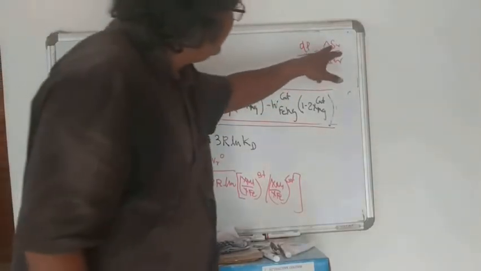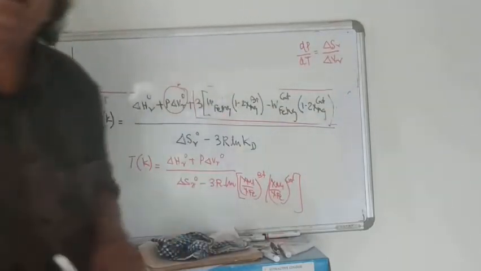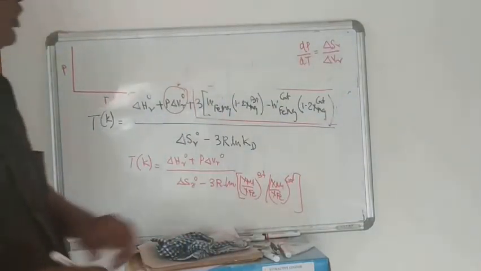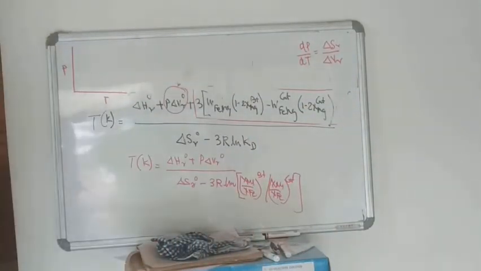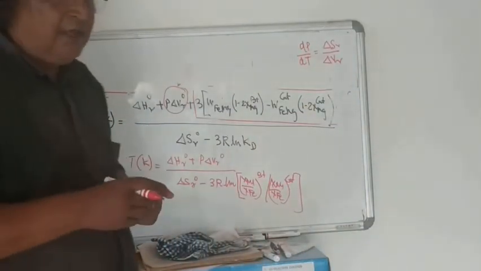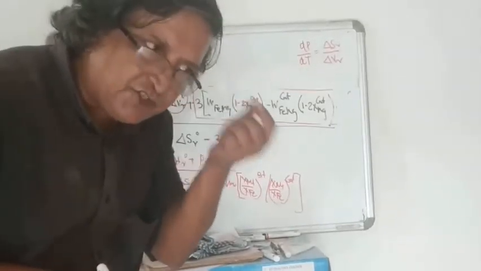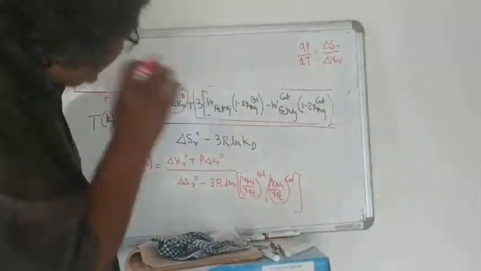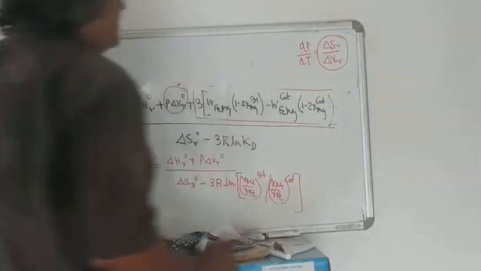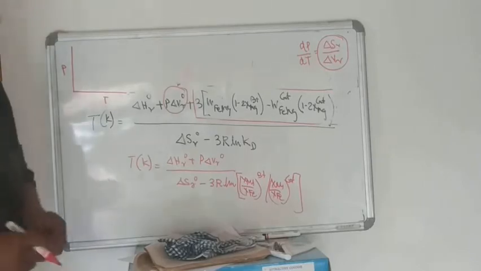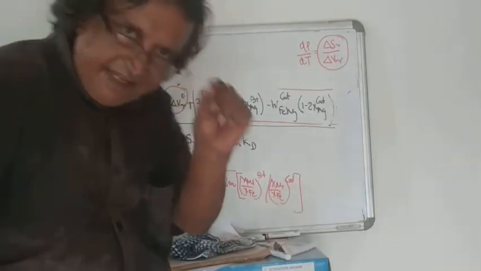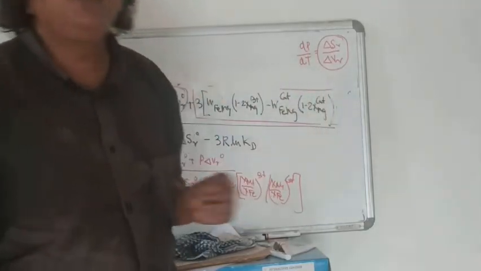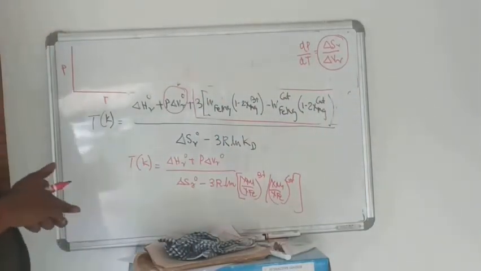And that is given by delta SR and delta VR, where the entropy change of the reaction and the volume change of the reaction. Now we have been discussing that the delta VR is a very small number. So if this is so, then this ratio is going to be very large because delta VR is a very small number tending to 0. So what happens?